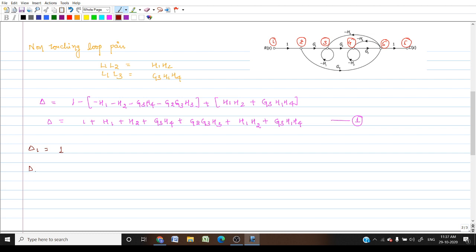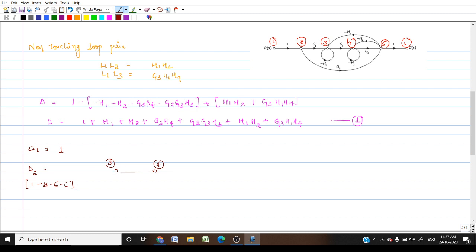Now for delta 2, the forward path is 1 to 2, 2 to 5, 5 to 6. If I remove these nodes, the remaining signal flow graph will look something like this. These are the only two nodes which will remain once you remove nodes 1, 2, 5, 6, that is, 3 and 4.